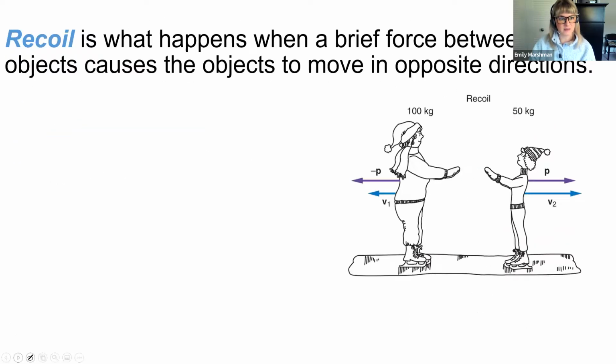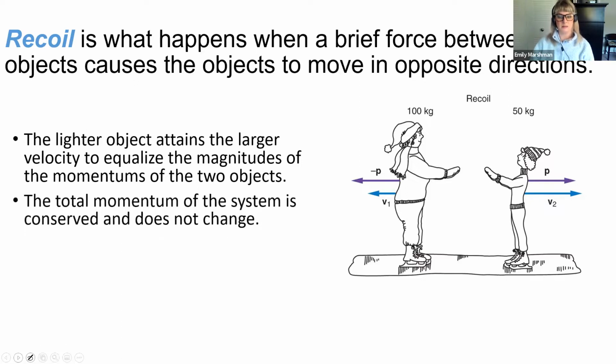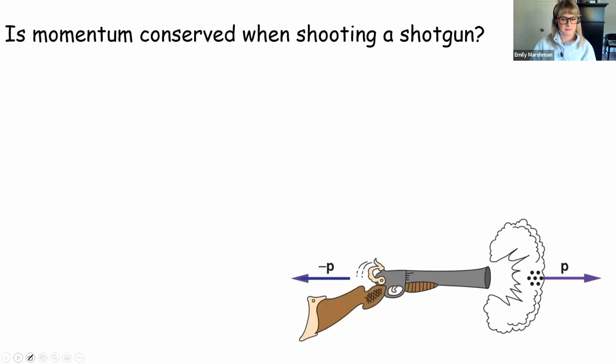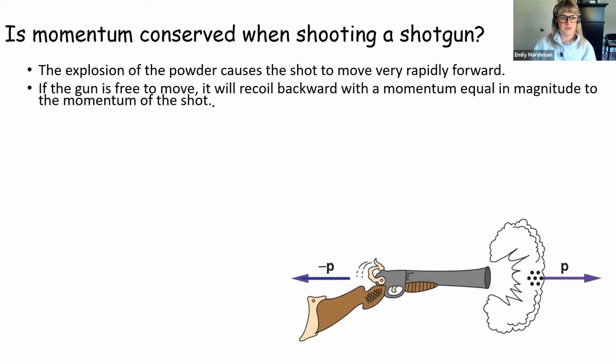So that's the idea behind recoil. They move in opposite directions, and in the example of a firearm, you need to hold it properly so that you can control that final velocity. If the gun is free to move, it will recoil backwards with a momentum that is equal in magnitude to the momentum of the bullet, right?